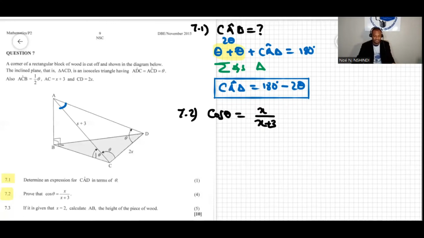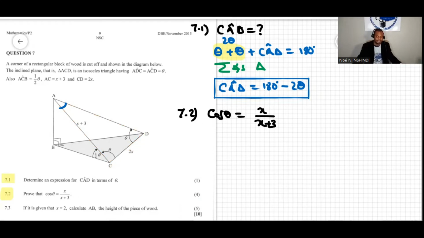In this situation, we can use the cos formula, for instance. I'm referring to the triangle ACD.